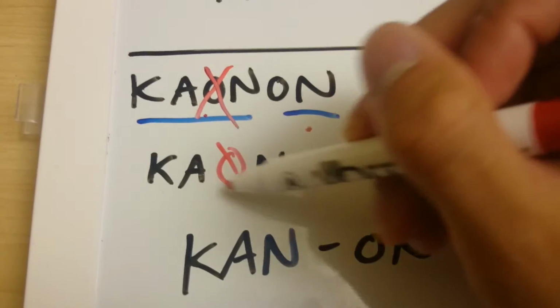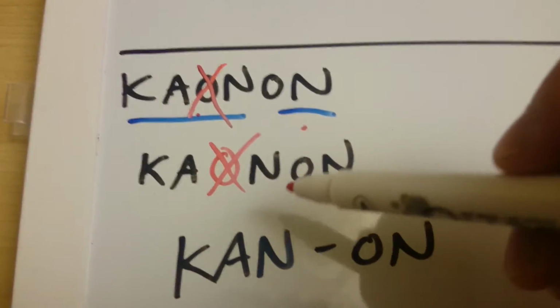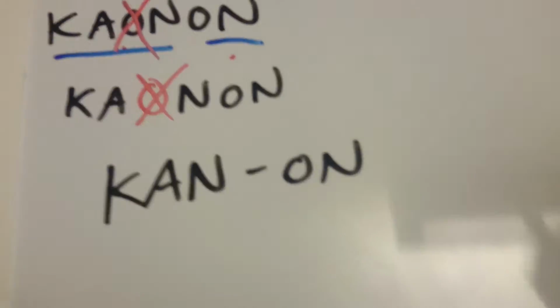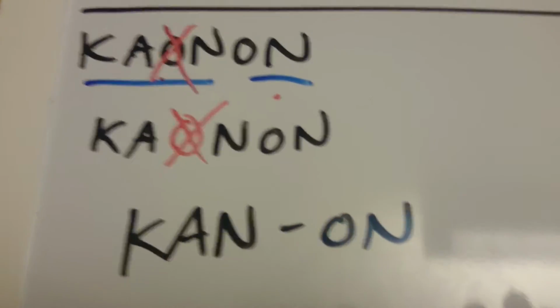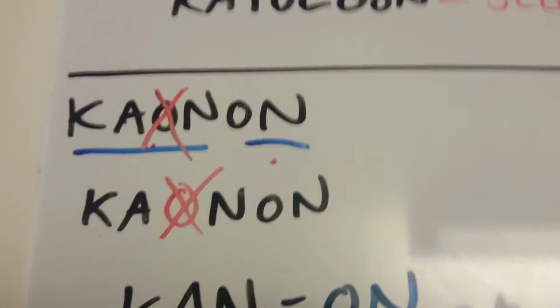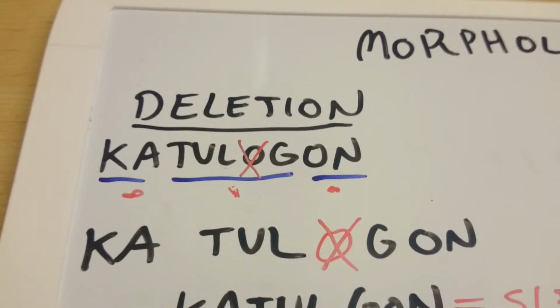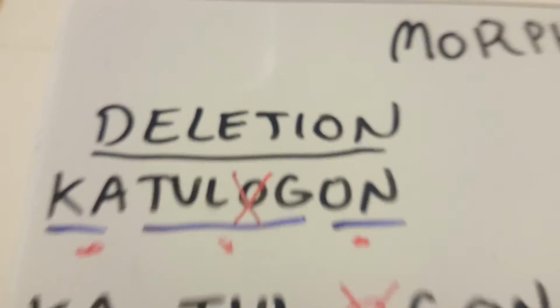There's an O here, but not anymore. And since it was deleted, we now get kanon, which is eat, or one way you can express eating. So that's just some examples of deletion, the morphological process.